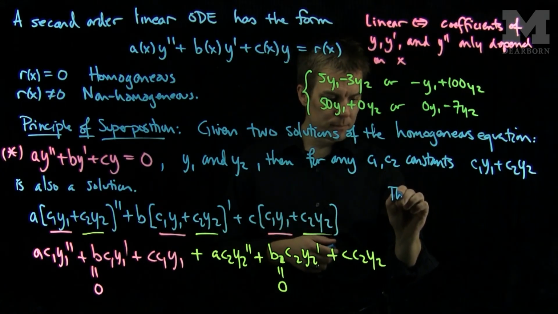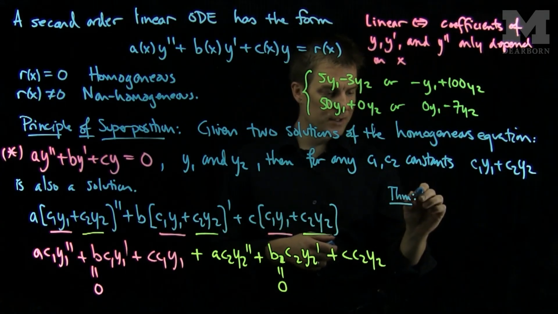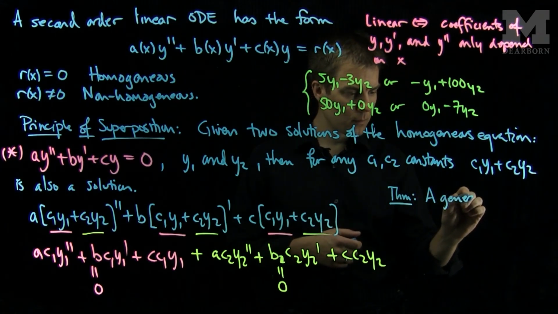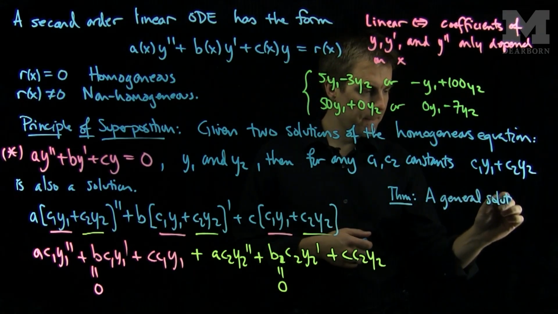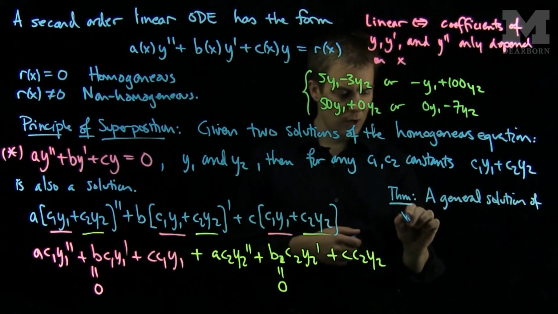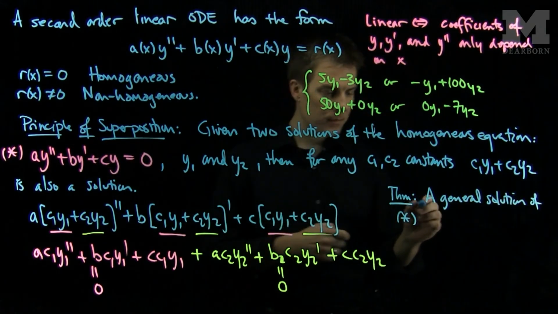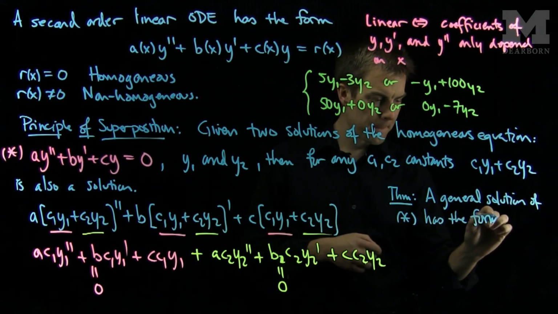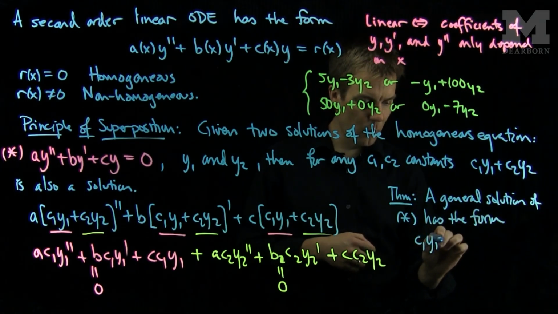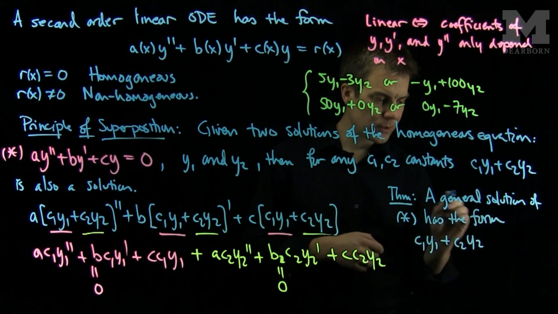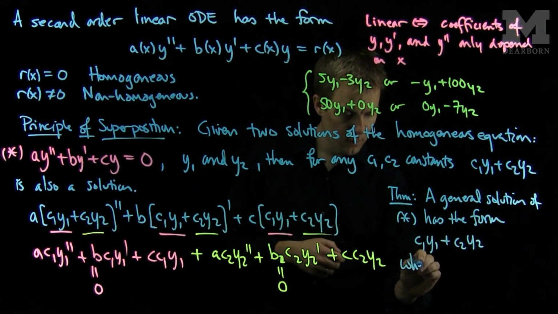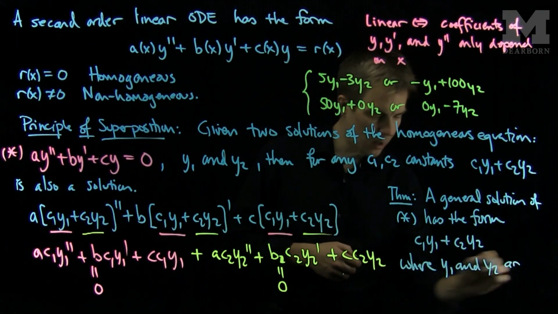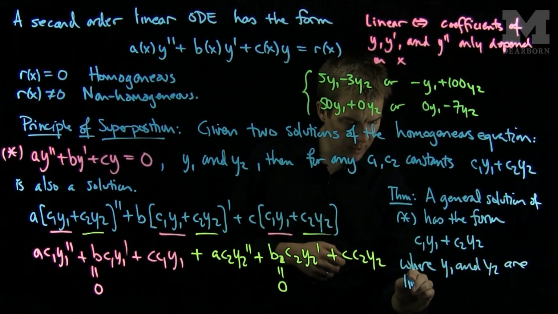And the theorem that we also have is that a general solution of star, our homogeneous problem, has the form C1 y1 plus C2 y2, where y1 and y2 are linearly independent solutions.